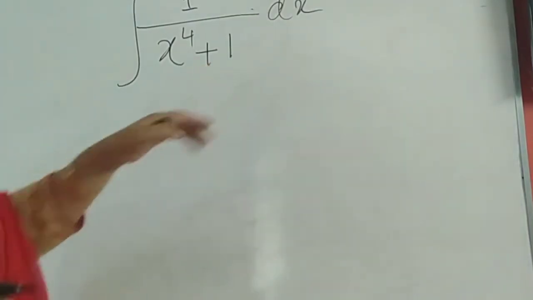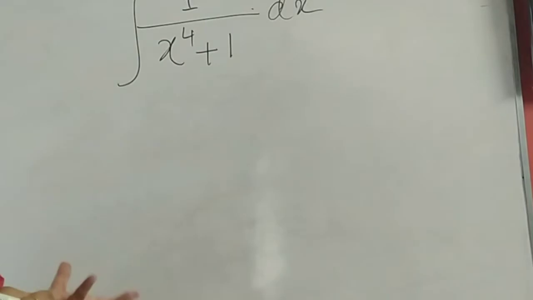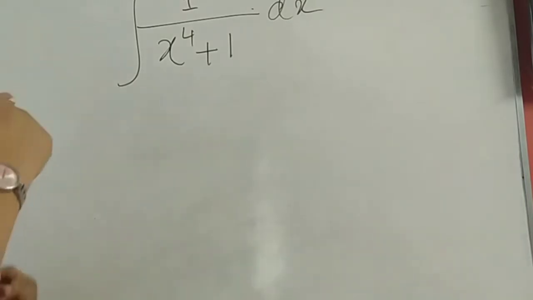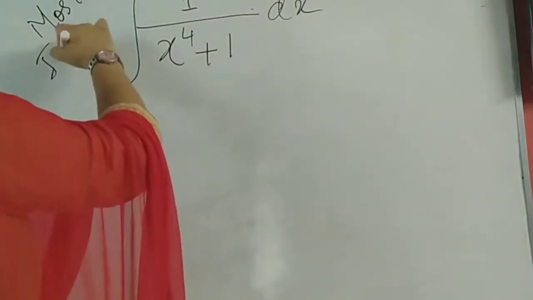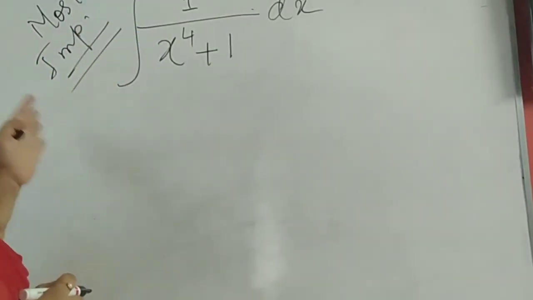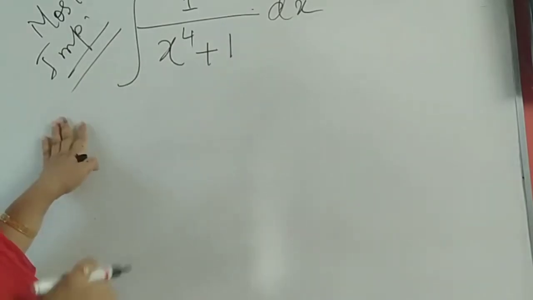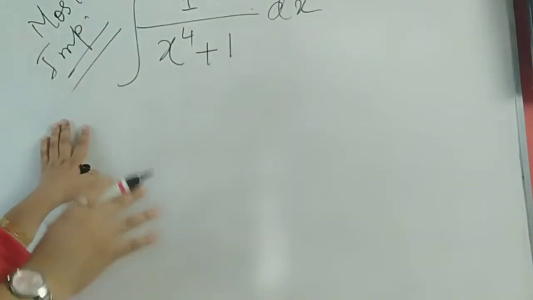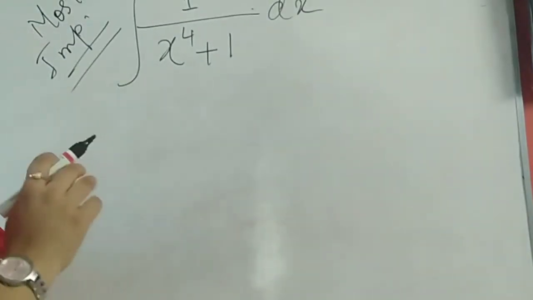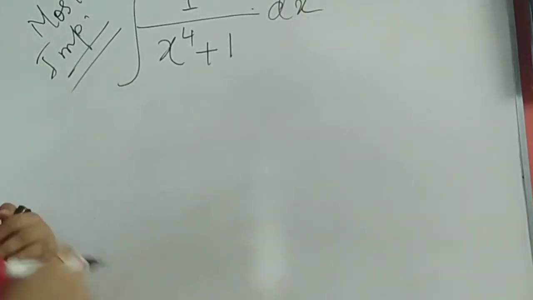So this particular problem can be solved by a very unique technique, and I hope you will understand it. It is really one of the most important problems also. Please carry on with such types of problems you will find in your book, and let's see how to solve it. First of all, we have to make certain changes in the numerator.